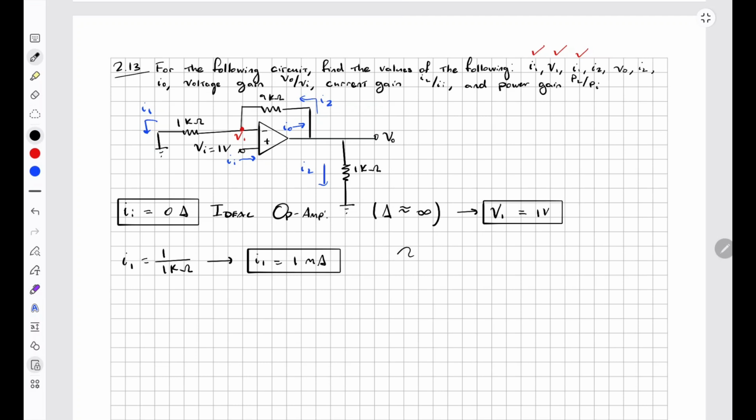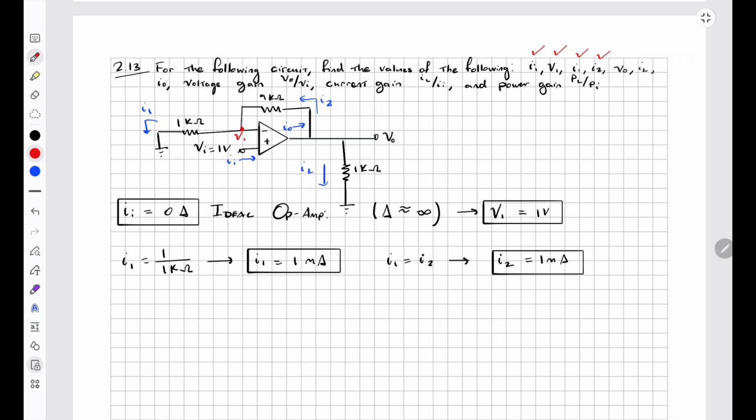Therefore, we know that I1 has to equal I2. Because we just solved I1 is 1 milliamp, therefore I2 also needs to be 1 milliamp. Okay, so that's I2, and yeah, we're going in order, it looks like.